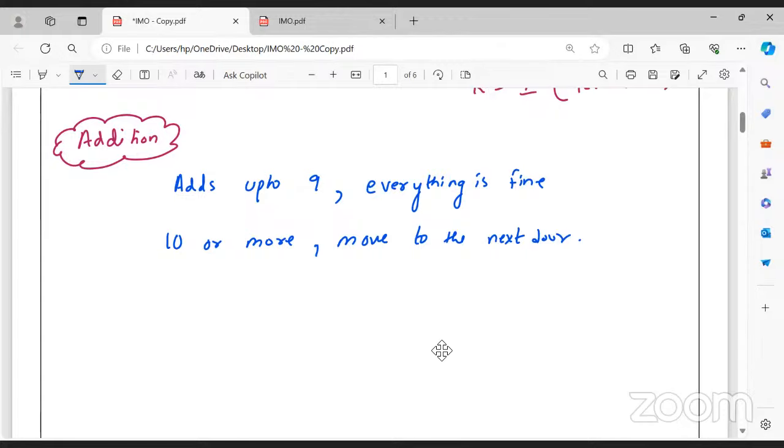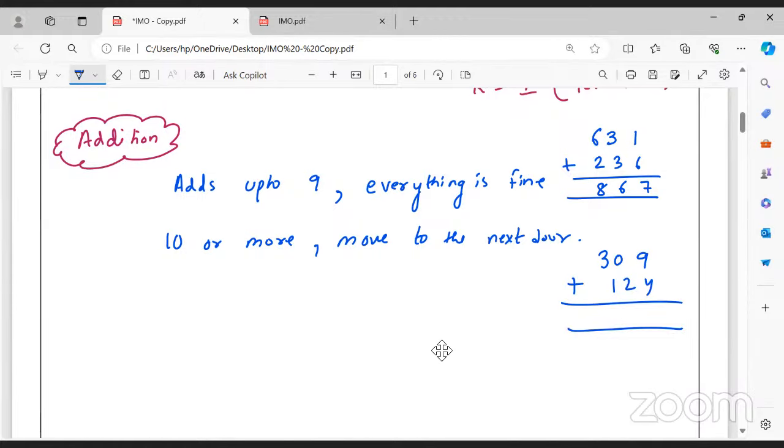For example, if I say 631 plus 236. So 6 plus 1, 7, 3 plus 3, 6, 6 plus 2, 8. Now here, all the sums are less than 9. So everything is fine. But suppose the number is 309 plus 124.